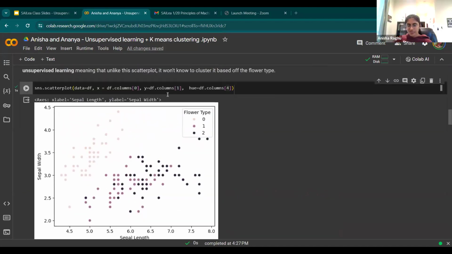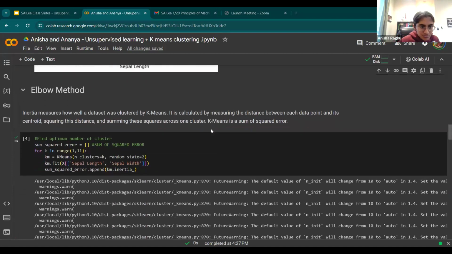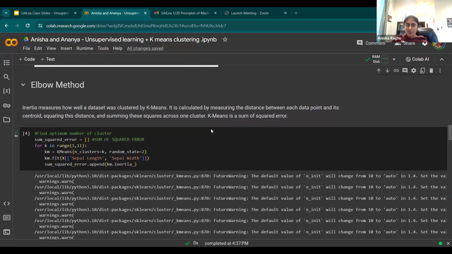So, any questions so far on just the basic data preprocessing stuff and how exactly the scatter plot works? Okay, great. So now we'll be going on to the actual elbow method. As discussed in our slide presentation, inertia measures how well a dataset is clustered by the k-means algorithm.